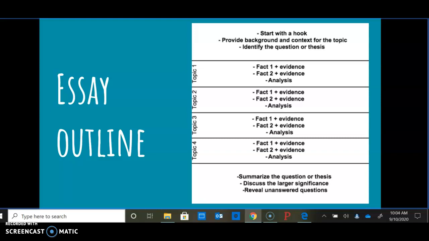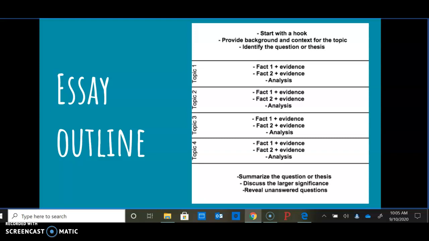Then you're going to give me background. September 11th, 2001 was the day that the World Trade Center was attacked by terrorists that hijacked 2 planes that flew into the buildings. You're going to go on with that for a minute, and then you identify the question or the thesis.